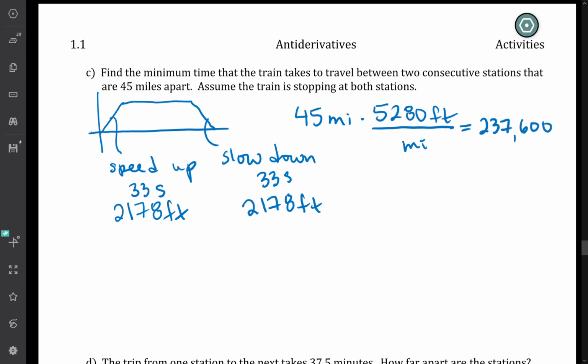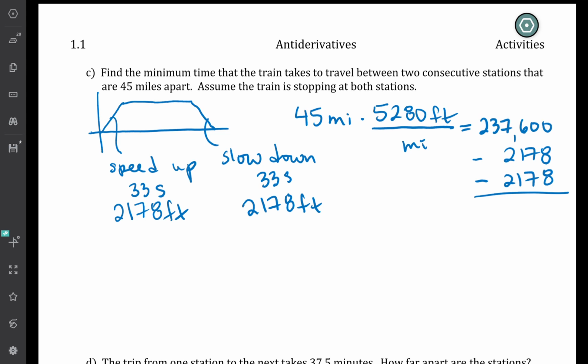We know we need to subtract off the 2,178 for speeding up, the 2,178 for slowing down. And I get 233,244, not point, feet. Okay, so we know that we spend 66 seconds total to speed up and slow down.